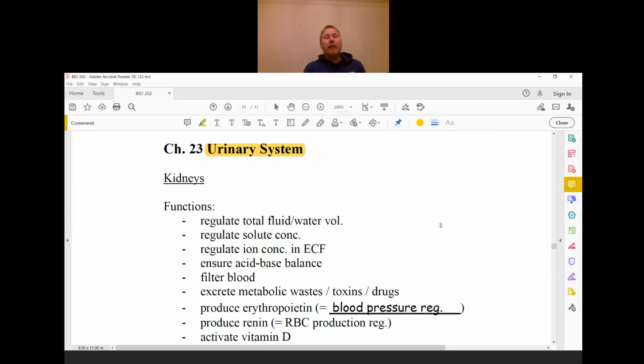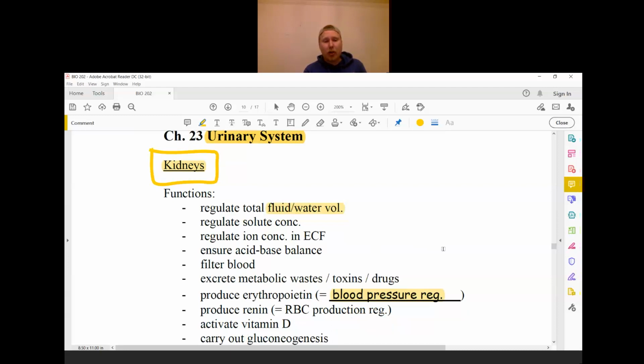Kidneys are the first ones that we're going to start with. So we're going to mention a couple of words in terms of the kidneys. The main function of the kidneys, as I've highlighted, has all to do with blood pressure regulation, also regulating the total fluid, water volumes, solute concentrations, acid-base balance, and so on.